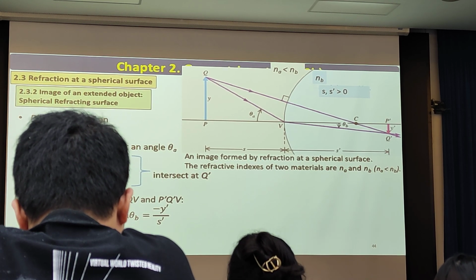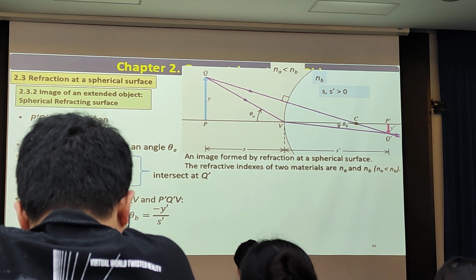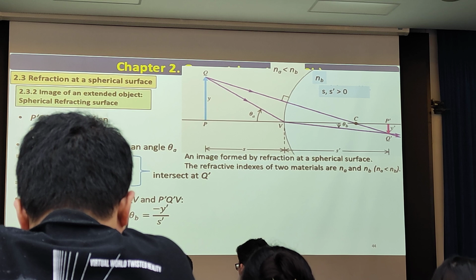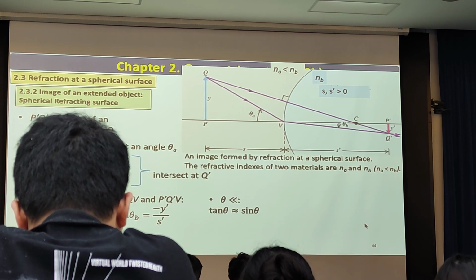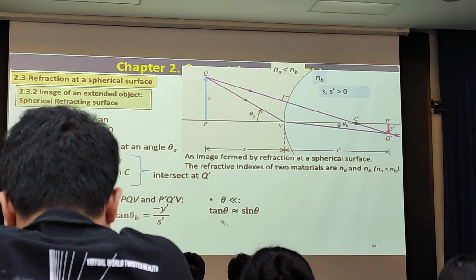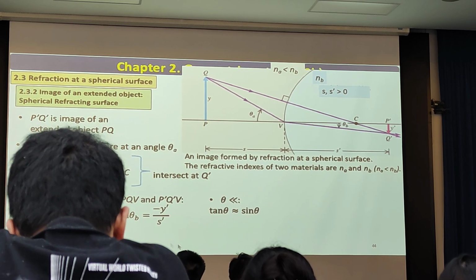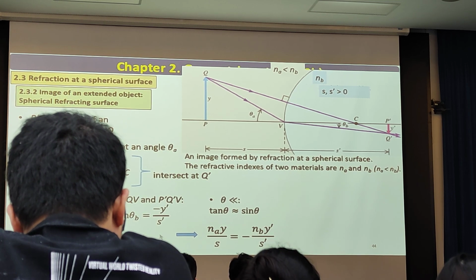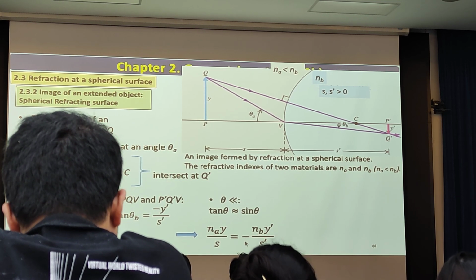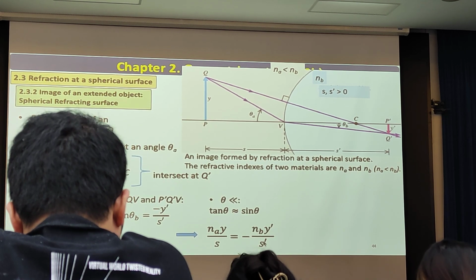And we apply Snell's law because we are in the refraction. So NA times sine theta A equals NB times sine theta B. And also the angle is small, so you got the approximation, tangent and sine approximate to each other. So you can deduce here NA times y over s equals minus NB times y prime over s prime.